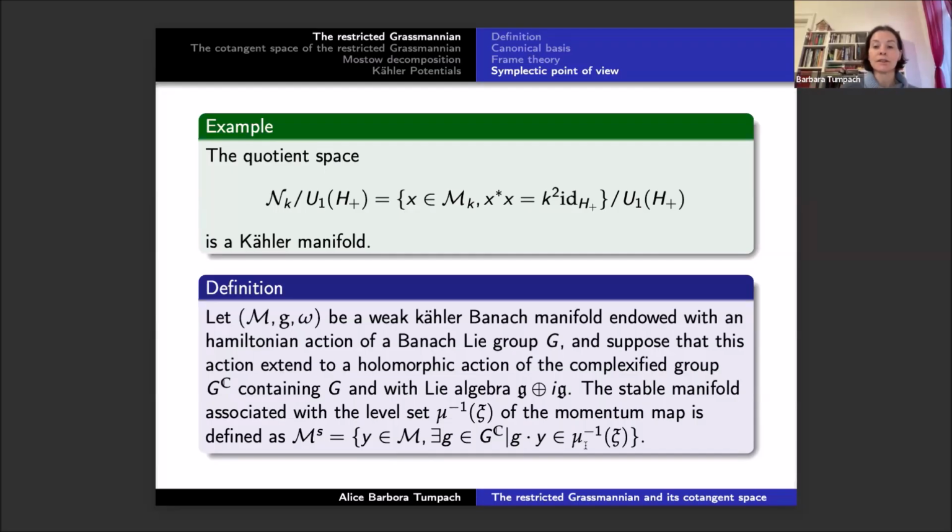So if you start with the level set and make GC act on the level set, you will get the stable manifold. In other words, an element Y in the stable manifold can be mapped to the level set by an element of GC, the complexified group.